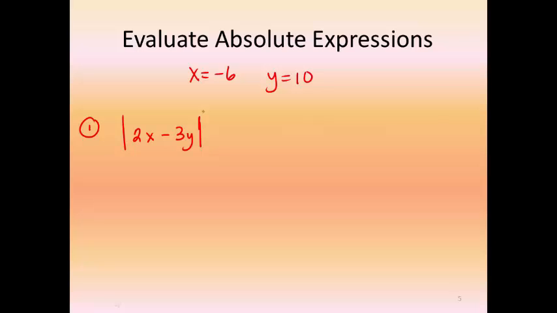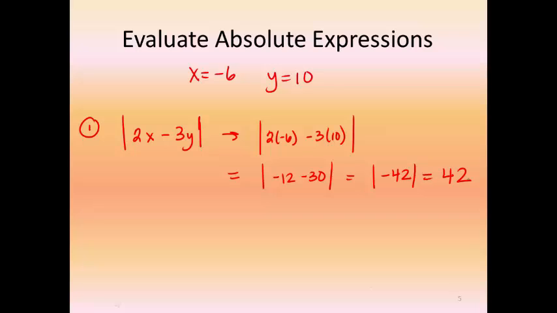But they're not parentheses because I have to apply the absolute value operation. So we'll start by substituting the numbers, and that means I have 2 times -6 minus 3 times 10. We'll simplify within, which means that this is the absolute value of -12 minus 30. I'll simplify within, which means the absolute value of -42, and now I apply the absolute value and get 42.